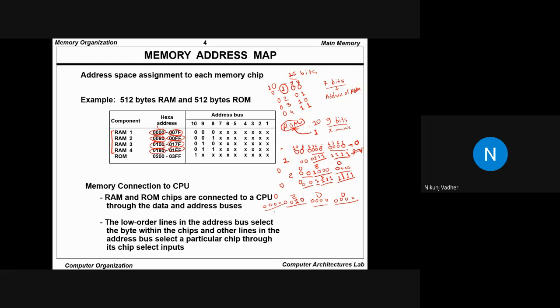And the ending address will be 1, 1, then 1, 1, 1, 1, 1, 1, 1, so 03FF. So this is the starting address and this is the ending address of ROM.